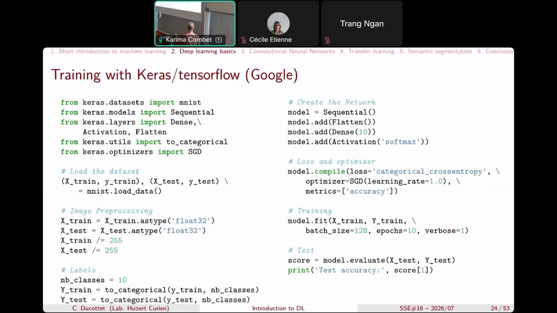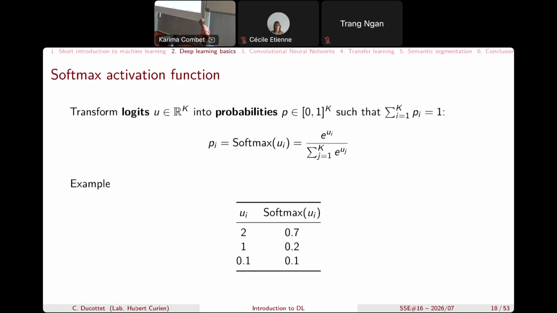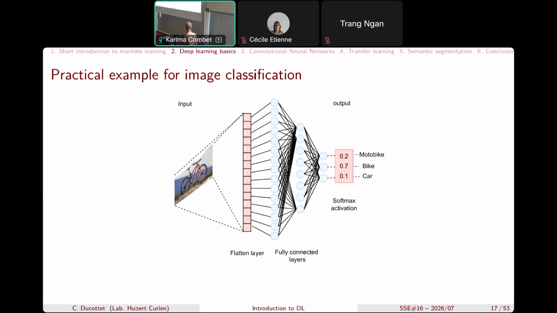Here is the definition of the network. So we want to do a network with a first step, which is a flattening. Remember that what I showed here, the flattening is the process of converting a square image into a vector, okay? And then in our system that I will comment here, we will only have one layer. So it means that we start from the input, which is the set of input neurons, and we will directly go into the probabilities.